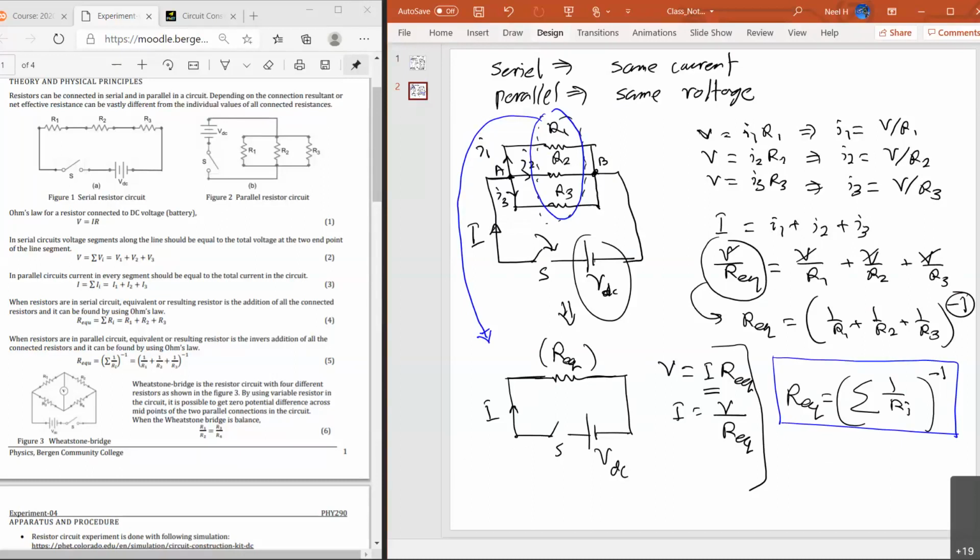Question. So that's what we are planning on testing today. Technically, a very simple experiment. If we know the values R1, R2, R3, we can calculate R equivalent by using this equation. Then we can measure by setting up a small circuit, and then measure voltage and current. Then we can calculate each of the resistances by using Ohm's law.